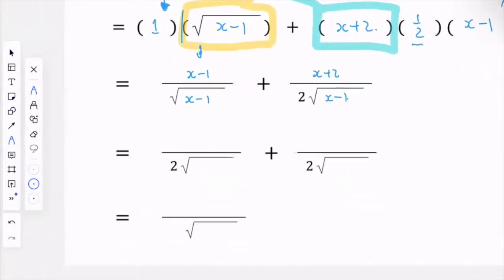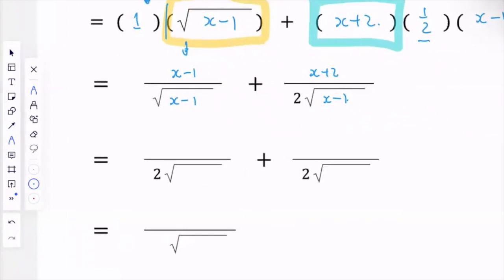Not yet a common denominator. We must make it into a common denominator so that we can add them up. The first term we change, becomes 2x minus 2 over 2 root x minus 1. So that's the common denominator. X plus 2 over 2 root x minus 1.